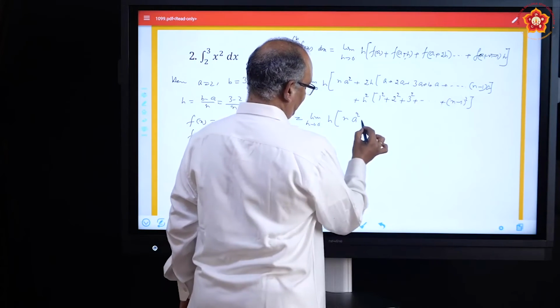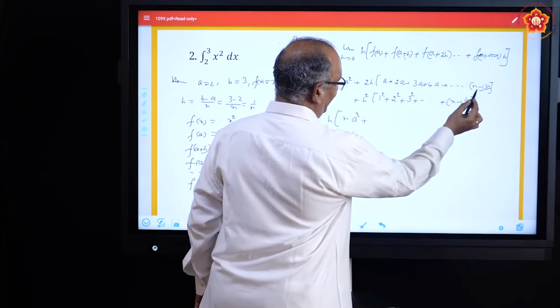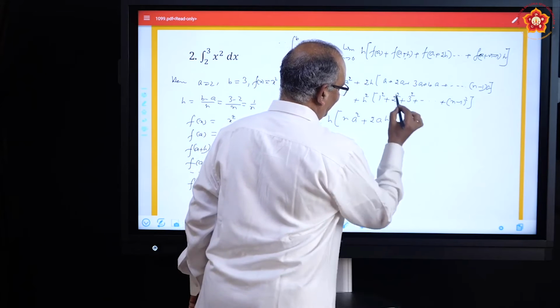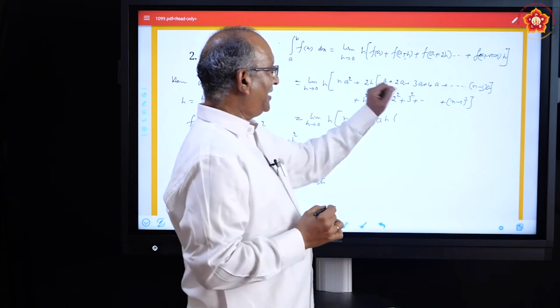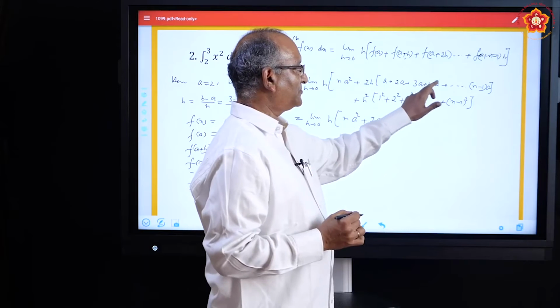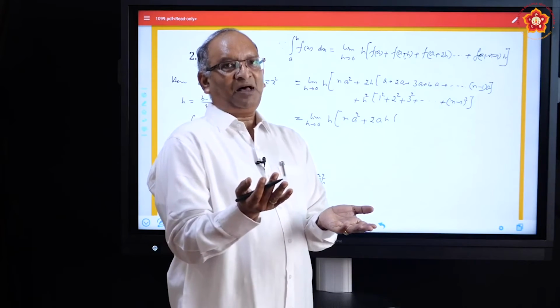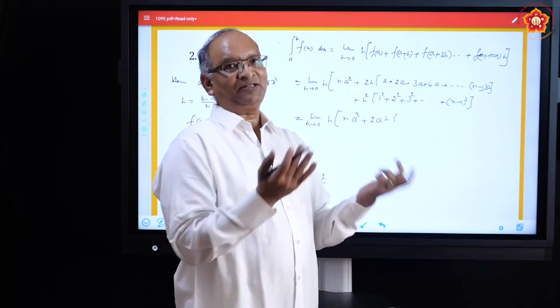Only add this. Taking out a, you are left with 2ah, and then what is left? 1 plus 2 plus 3 plus 4 plus up to n minus 1, just like the previous problem. Sum of n minus 1 natural numbers.